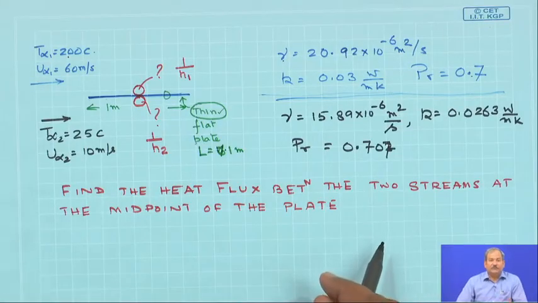Whenever you come across such a problem, the first thing one needs to find out is what is the type of flow that is taking place. In other words, you find out the value of the local Reynolds number to evaluate whether you have turbulent flow, laminar flow, or maybe the occurrence of a mixed flow.